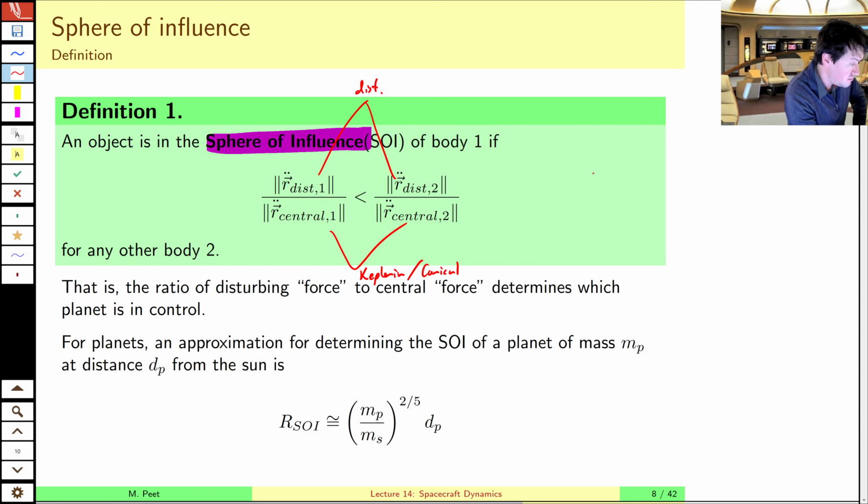And there are cases where the sphere of influence is not spherical. The best case I can think of, for example, is the Earth-Moon. So here's the Earth, here's the Moon, and here's the sphere of influence of the Earth.